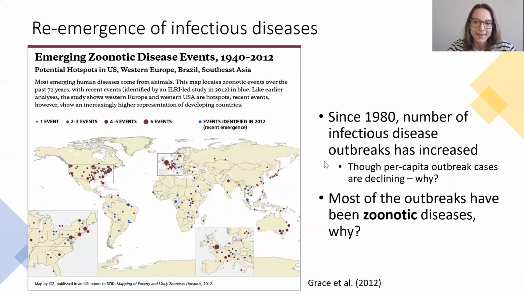Why would we see gradually fewer cases? So Reed says better management, more healthcare, lower population density. Anyone else have any ideas?